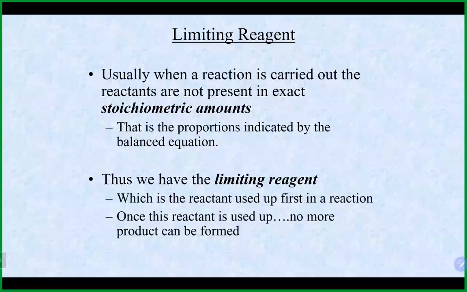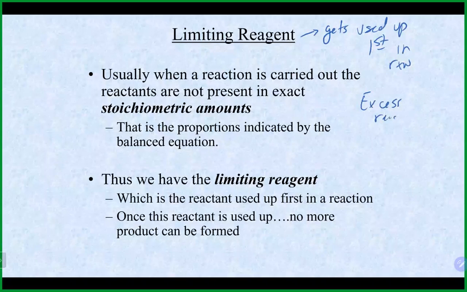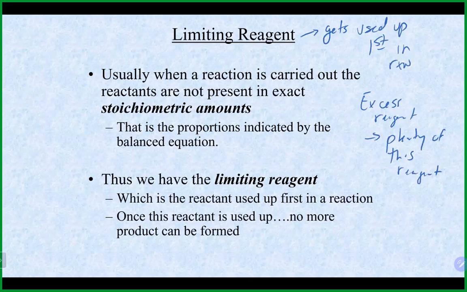So the limiting reagent, or again, sometimes referred to as reactant, is the one that gets used up first in a reaction. And there's another reagent, as we'll talk about on the next slide, which is known as the excess reagent. And you have plenty of that guy. You have so much of the excess reagent that, as we'll talk about, you actually have some left over when the reaction is done.